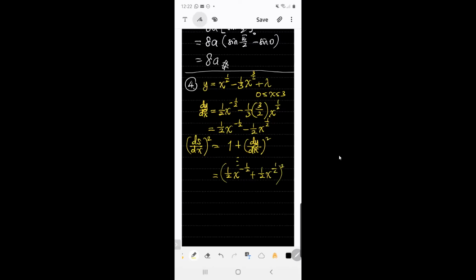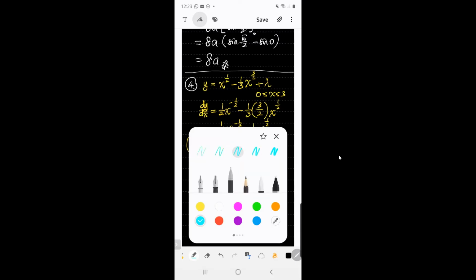We did the working long time ago, I think last week. So you try to derive it and you get this one. Therefore, ds/dx is equal to half x to the power of negative half plus half x to the power of half, because you get rid of the square. By right, when you get rid of the square, you should have the modulus.